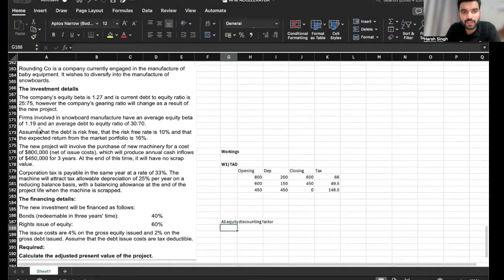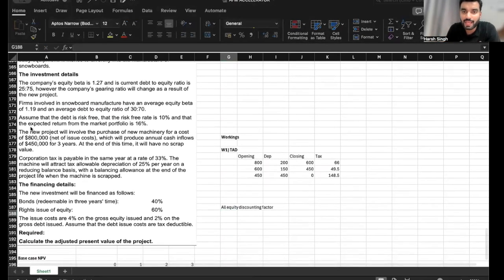So we have the equity beta of a snowboard. Can we find out the asset beta for the same? How do we do that?